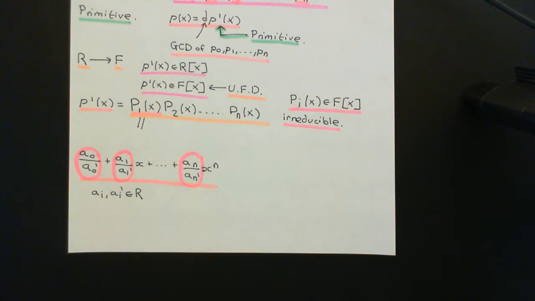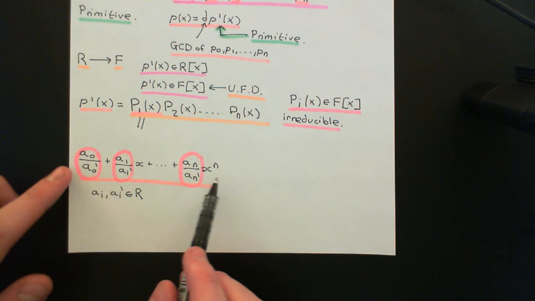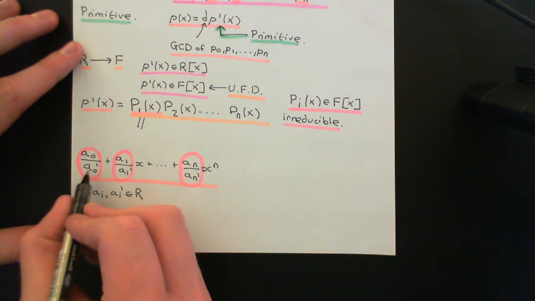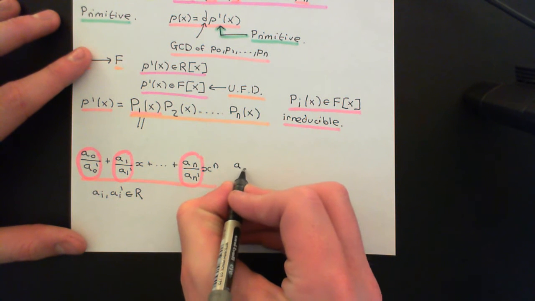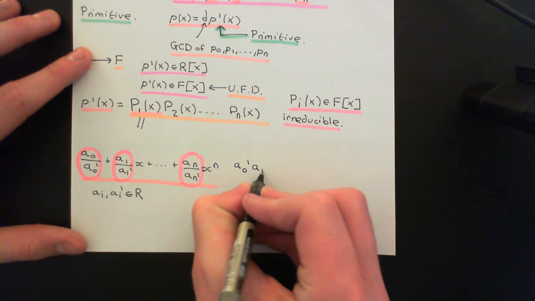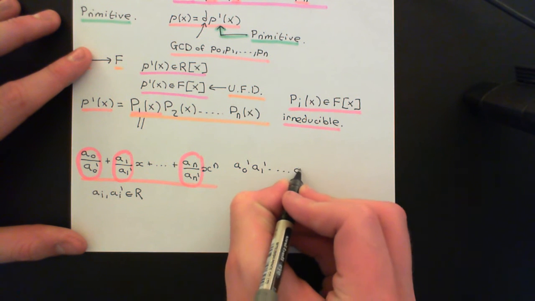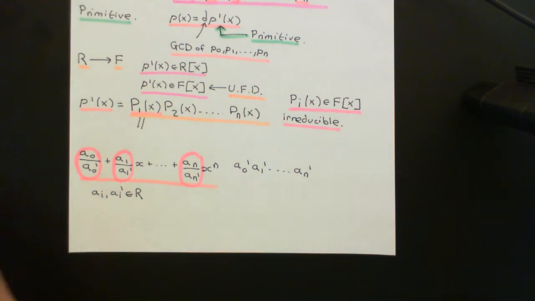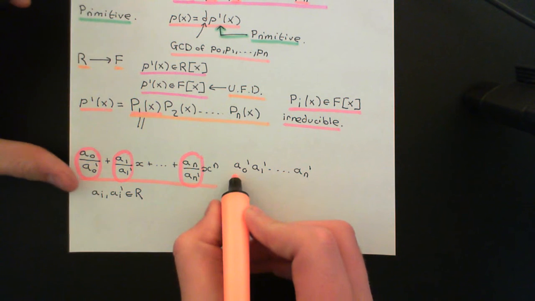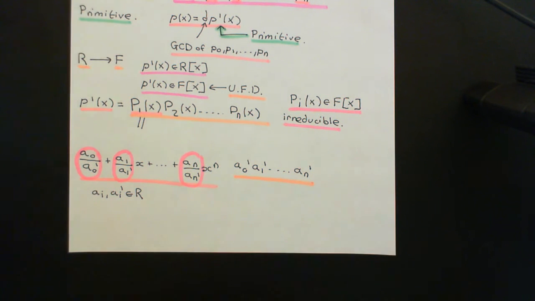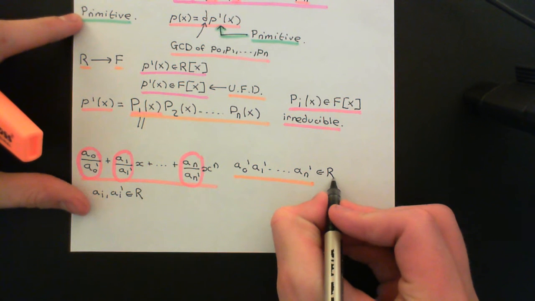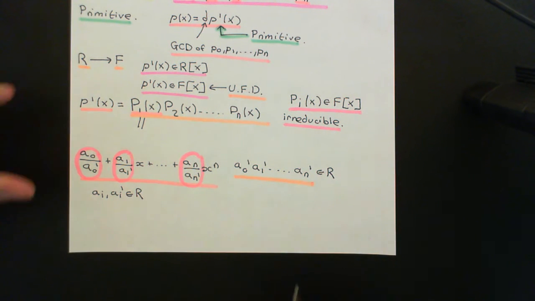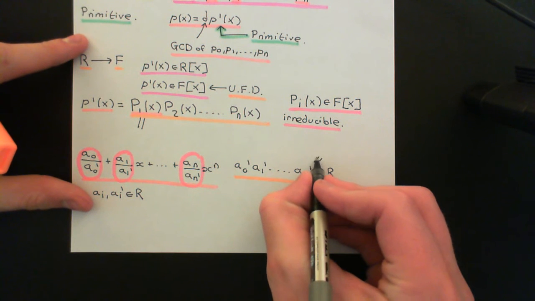Well, the idea is that we can multiply through by the product of all the denominators here. If I construct the thing a0 prime times a1 prime all the way along to times an prime, which is a non-zero element in the unique factorization domain capital R. So this is going to be some element of our unique factorization domain capital R, and I can also conclude that it is not equal to 0.